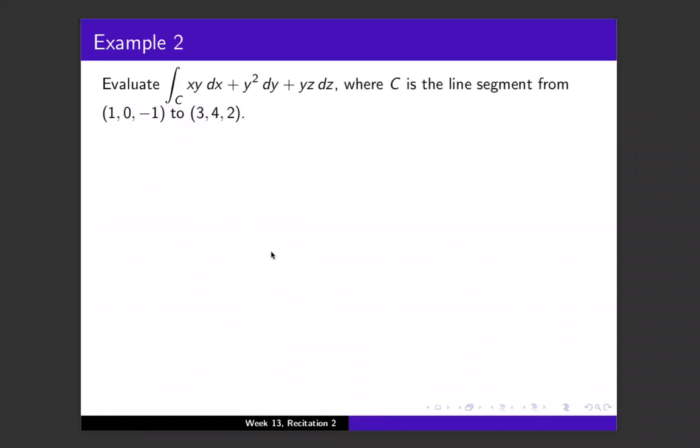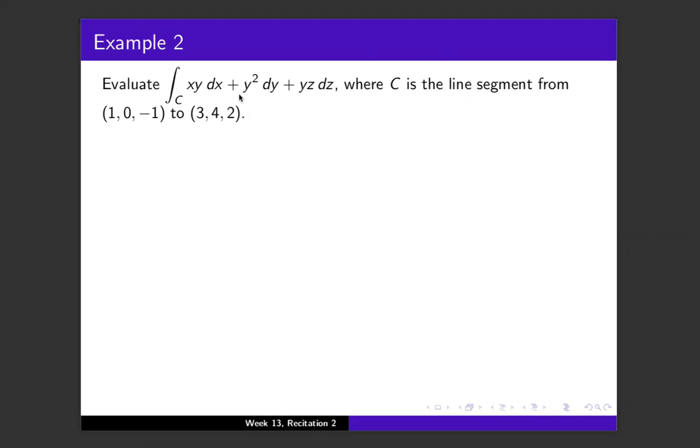Okay, here's another example. What if you have the integral over C of the function xy dx plus y squared dy plus yz dz, and C is this line segment. Now, it might not look it, but that's a vector field.